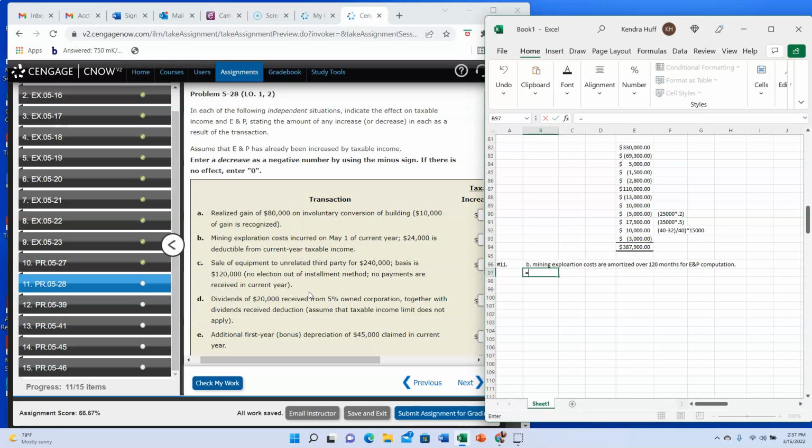All right, so that basically equals 24,000 divided by the 120 months. $200 a month.